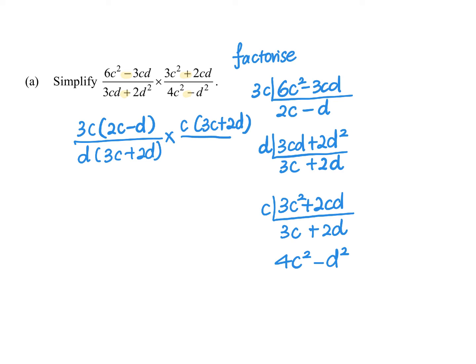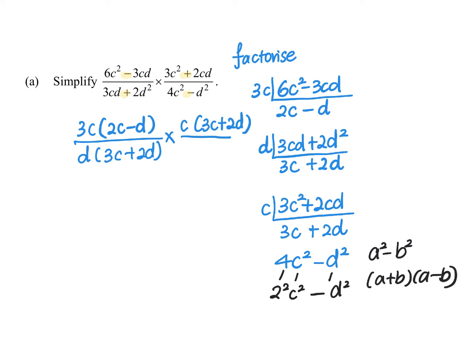For this type of question, there are no common factors, so we can't factorize by common factor. But what else do we notice? This is something squared minus something squared. And 4 is actually 2 squared. So we can use the special product a squared minus b squared, which gives a plus b times a minus b.